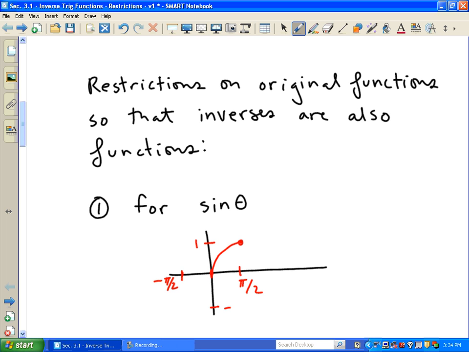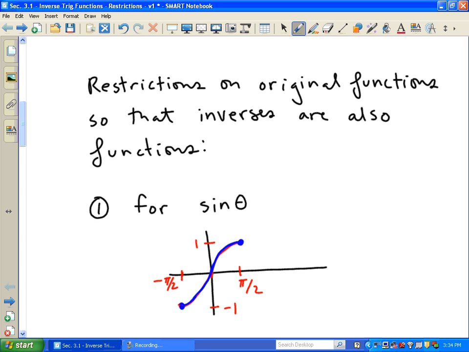On this side, the graph is going to look something like this, and it dips down to -1. If we look at the graph of sine only for the values between -pi over 2 and pi over 2, we can see that sine makes a complete cycle of all its values between negative 1 and 1, but it does not repeat any of those values.